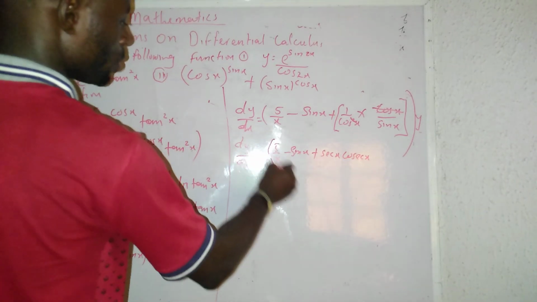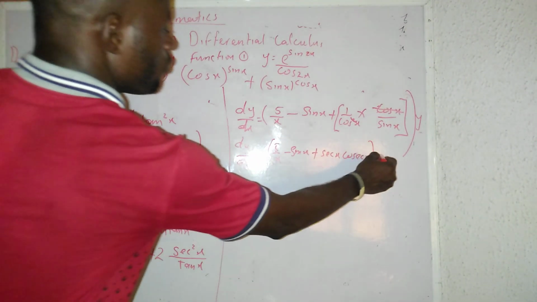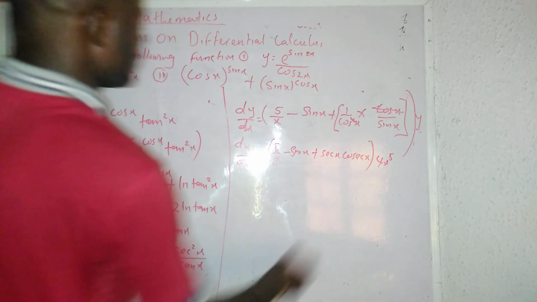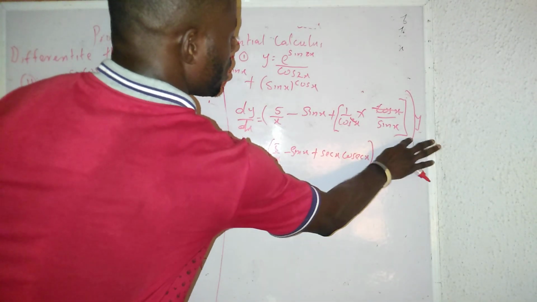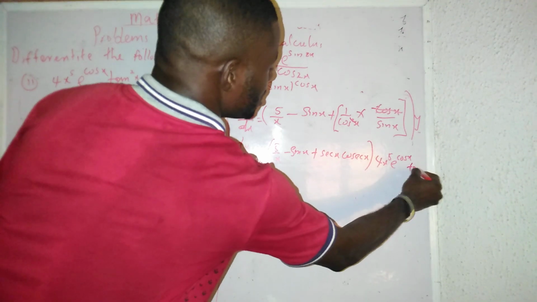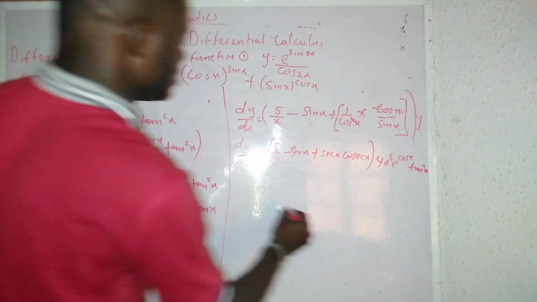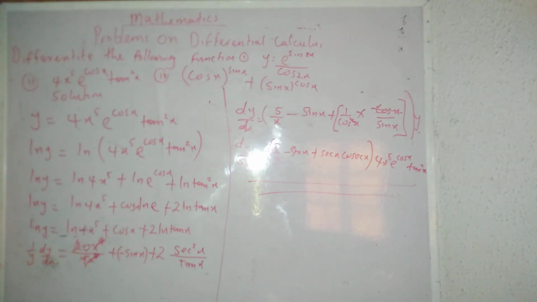Now, close your bracket. What is my y? My y is 4x^5 e^(cos x) tan^2 x. That is my final answer.